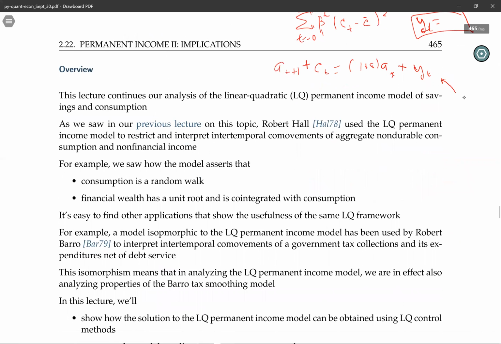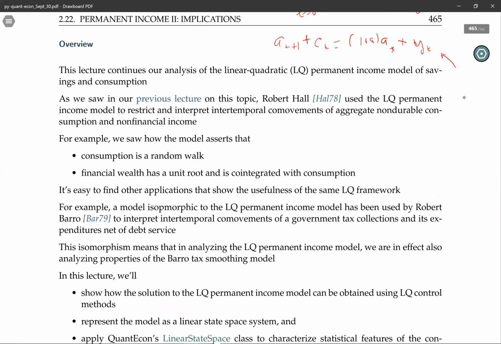There's this nice word called isomorphic. Morphic means structure, and iso means the same.